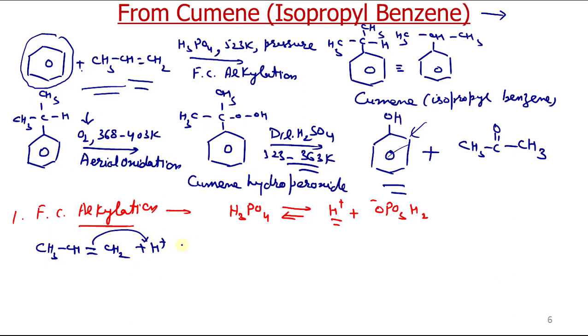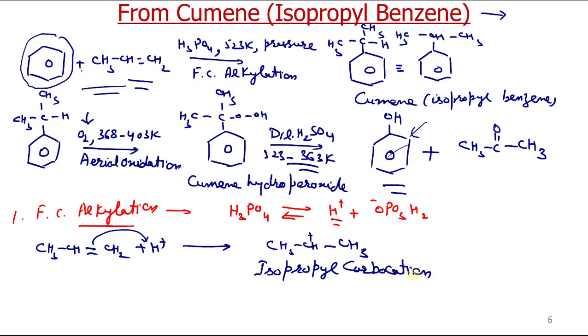Now we will get a carbocation, and as secondary carbocations are more stable, we get this carbocation CH3 CH positive CH3, the isopropyl carbocation, because a secondary carbocation is more stable than a primary carbocation.